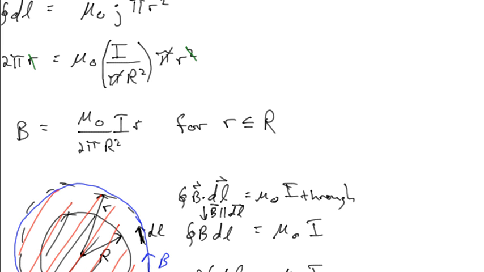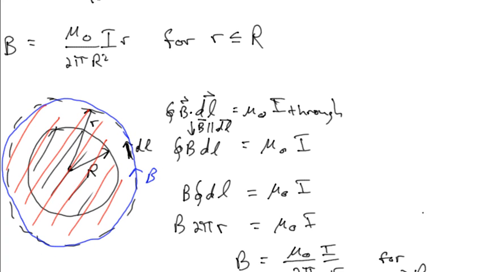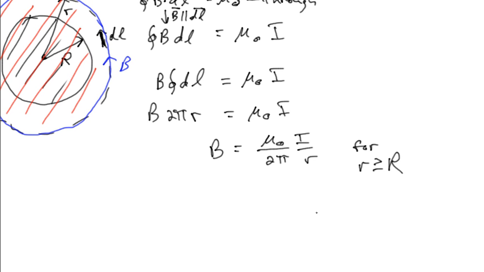Okay, then when little r is equal to big R, I got mu 0 I over 2 pi times big R over big R squared, so mu 0 I over 2 pi capital R. And outside, when little r is equal to big R, I get mu 0 I over 2 pi capital R. So they match up.